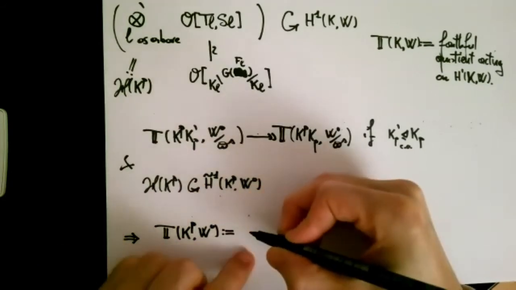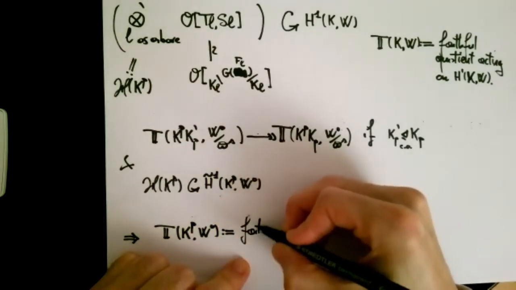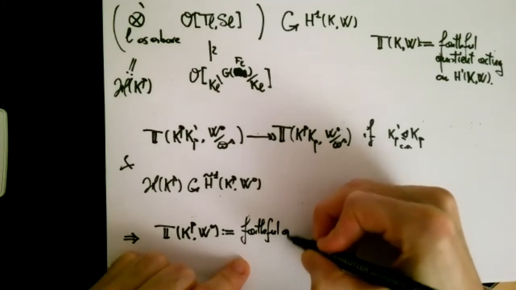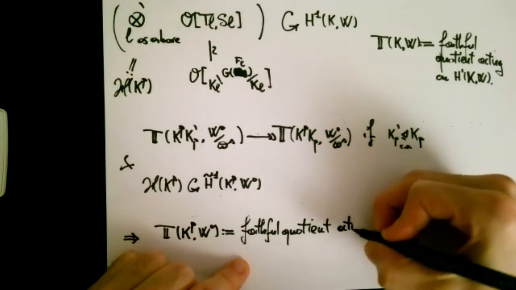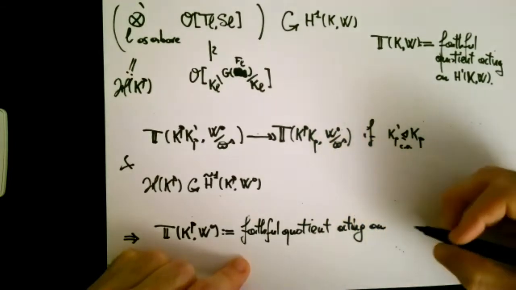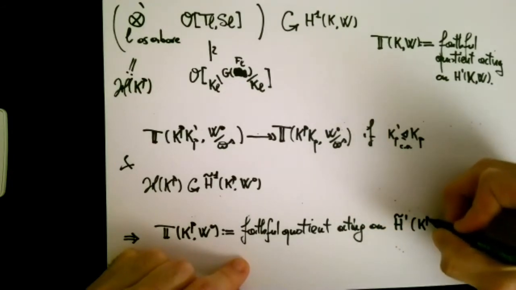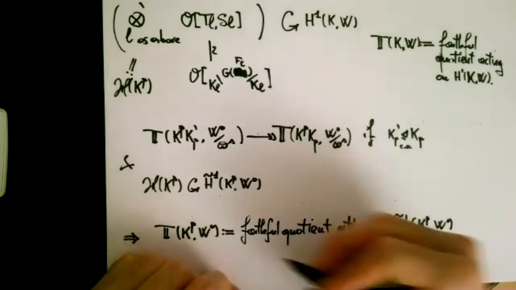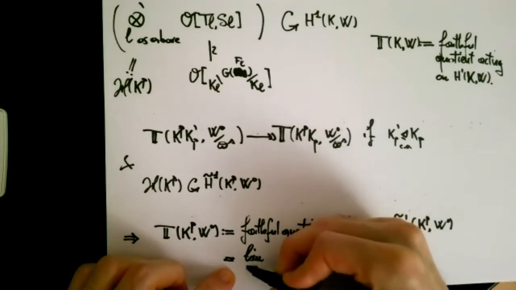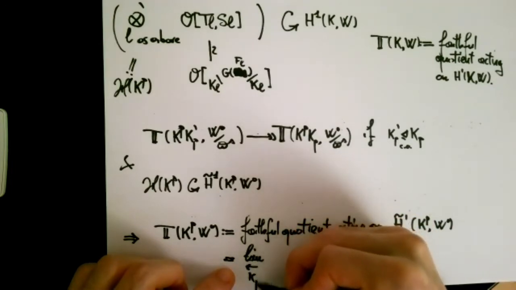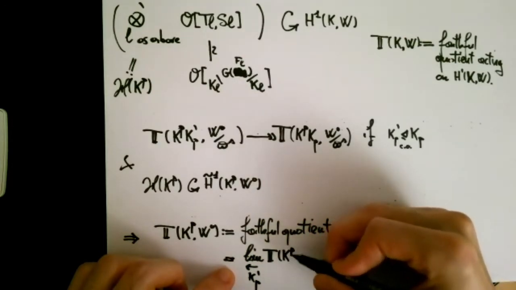This is defined as the faithful quotient acting on the H tilde 1 K^P, W naught, and this is also equal to the inverse limit over K_p of this Hecke algebra T^P(K^P K_p).